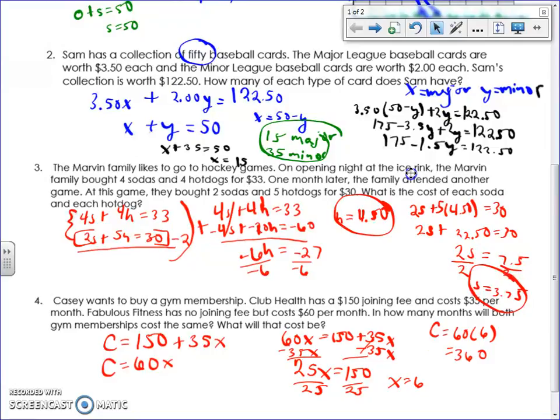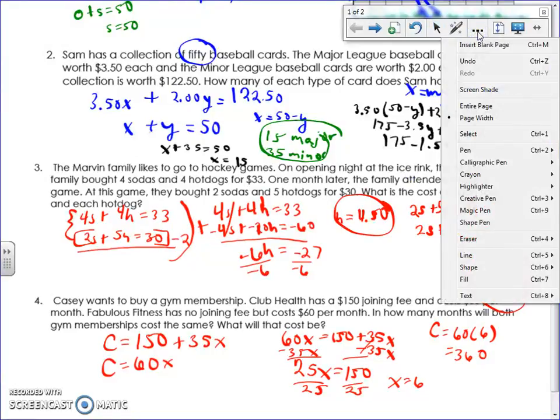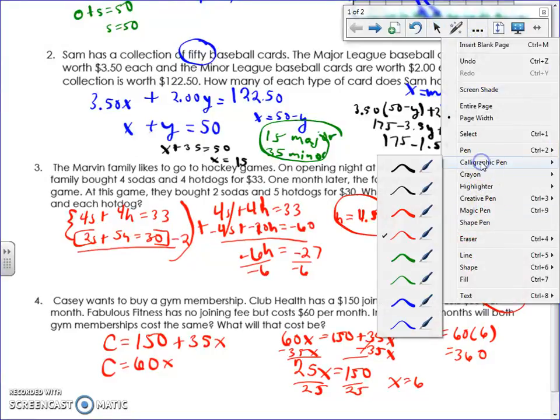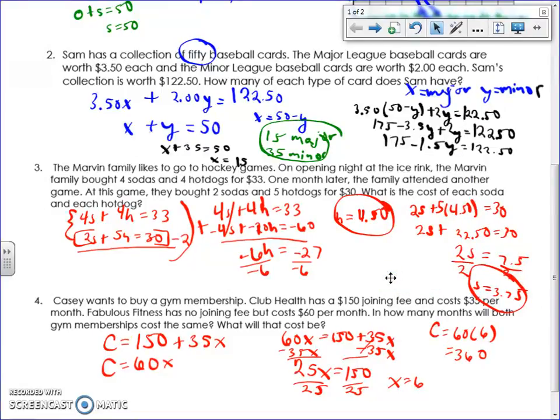So what this is telling me is that at 6 months, they will both cost $360. So at 6 months, both gyms cost $360. Okay?